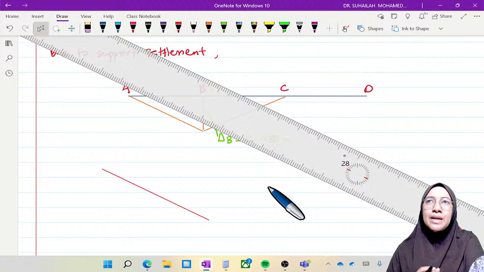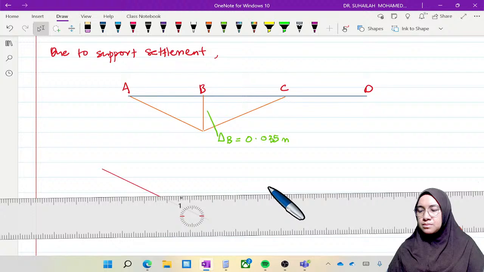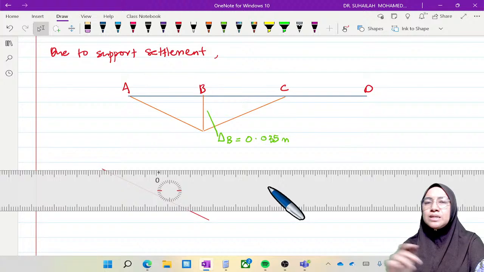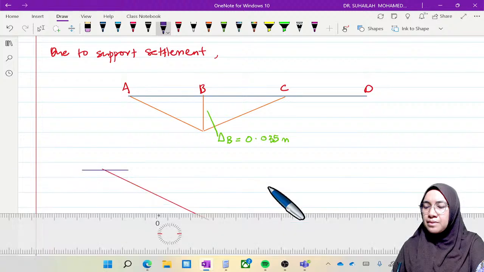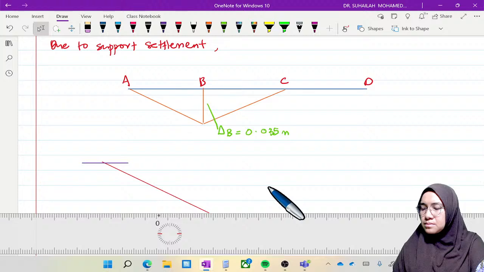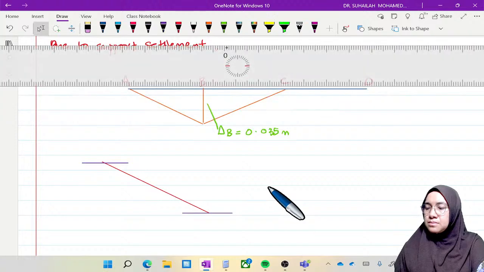Remember that the beam is always horizontal, meaning the reference line is a horizontal line. So I want to draw the horizontal line here, representing the reference line, the original beam position.